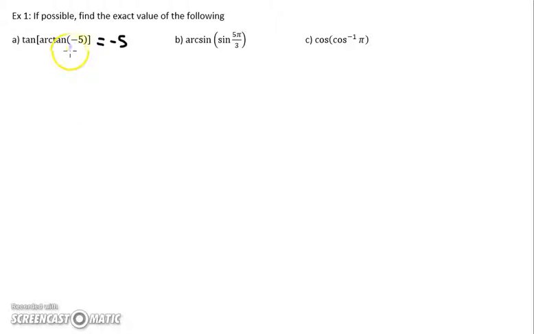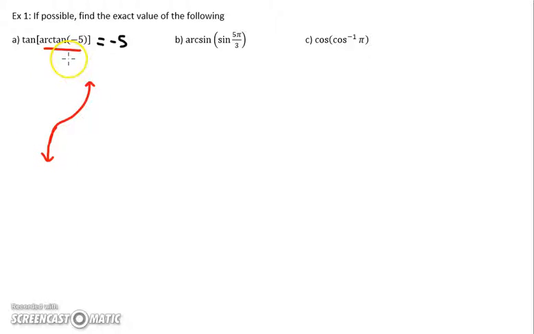Another way you can think about it: the arctangent of -5 is just saying, what angle has a tangent of -5? Can an angle have a tangent of -5? If we think about the graph of tangent, we can get a y value of -5.